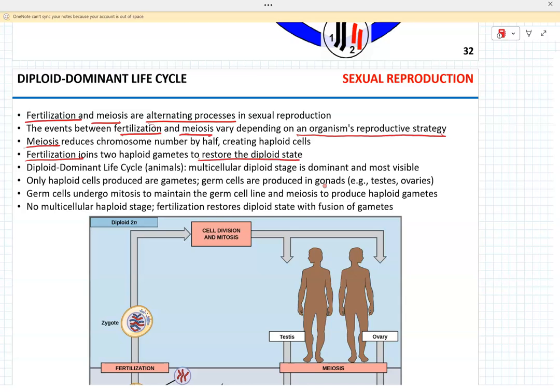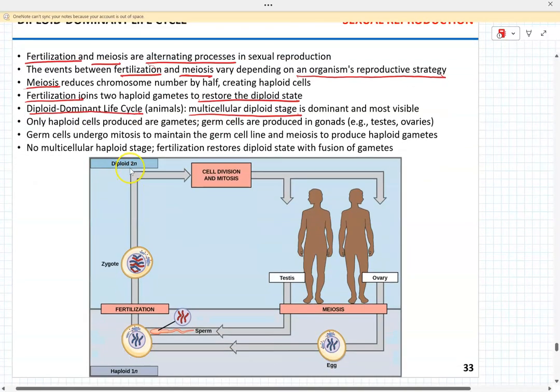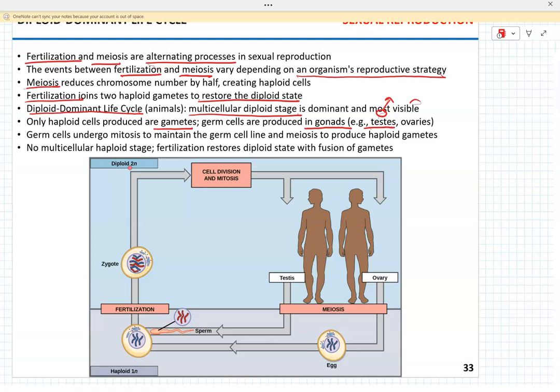Animals use diploid dominant life cycle. In this case, they have a multicellular diploid stage that is visible and dominant. The only haploid cells that are produced are gametes. So gametes are produced from germ cells, which are generated within the gonads: testes in males and ovaries in females.